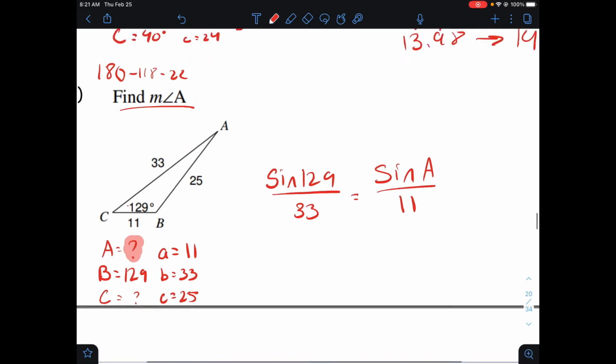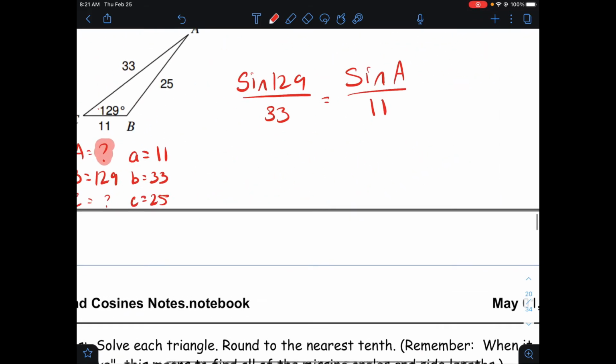All right, so now we're going to go ahead and solve here. So we're going to cross multiply, and we get 11 sine of 129 equals 33 sine of A. Then we're going to go ahead and divide.